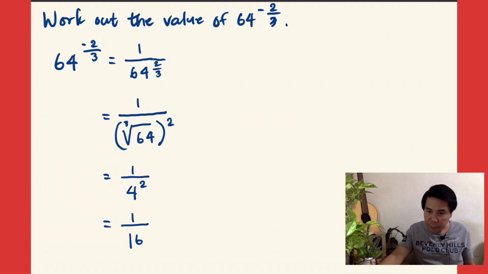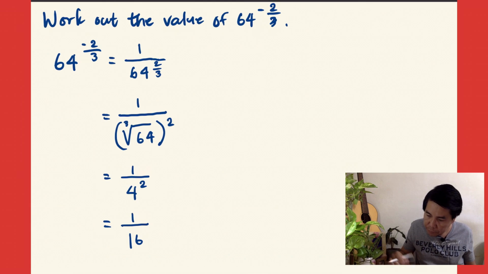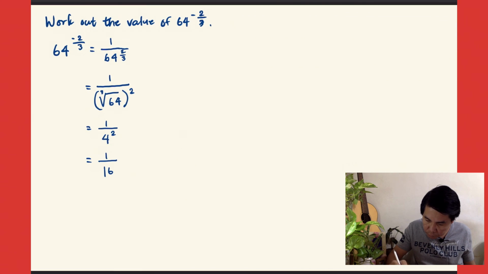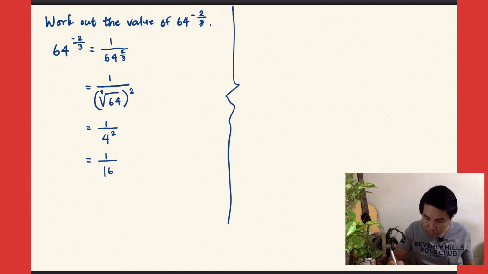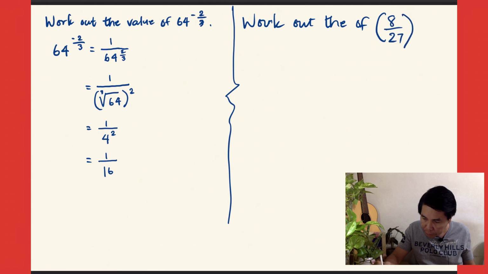Okay. So let's work out the other one. We have the value of 8 over 27 raised to the power of 2 over 3.